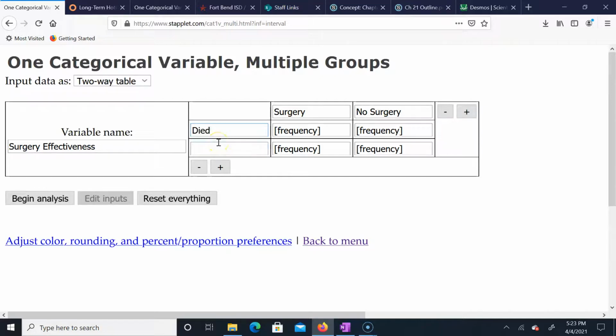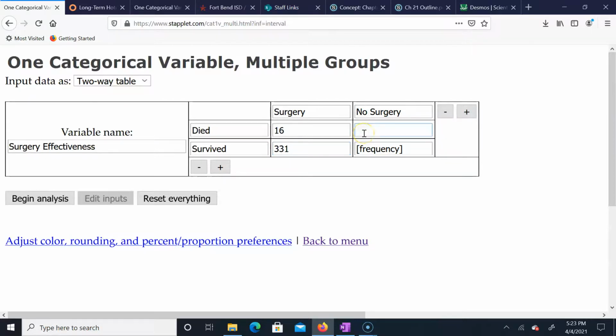They died or they survived, right? Now the people that got the surgery, only 16 of them died, right? Out of 347. So how many survived? 347 minus 16. So go ahead and get that. That is 331 that survived on the surgery.